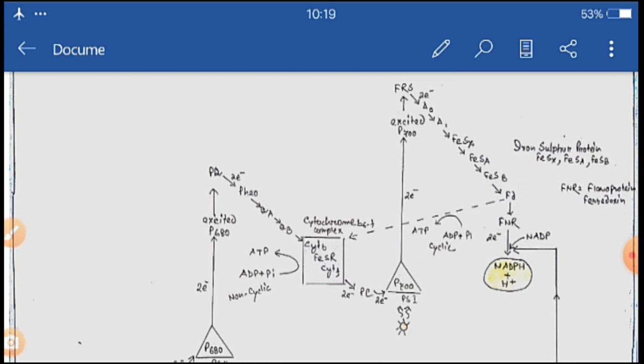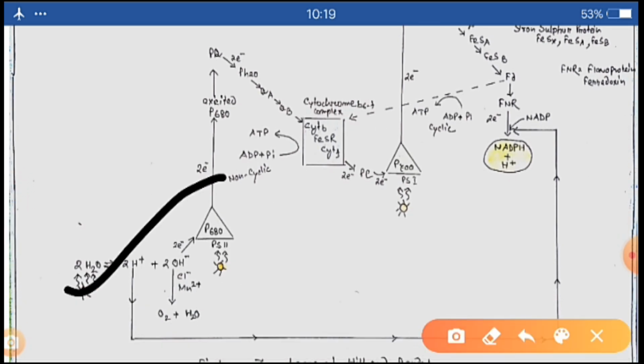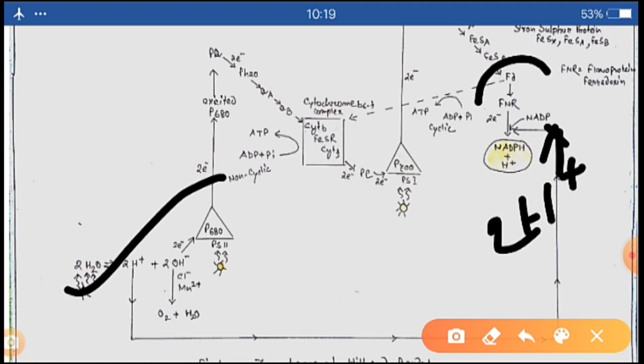That is, if the light is such that photolysis of water has been performed and H positive ions are available, then electrons will be transferred from ferredoxin to FNR, flavoprotein ferredoxin.